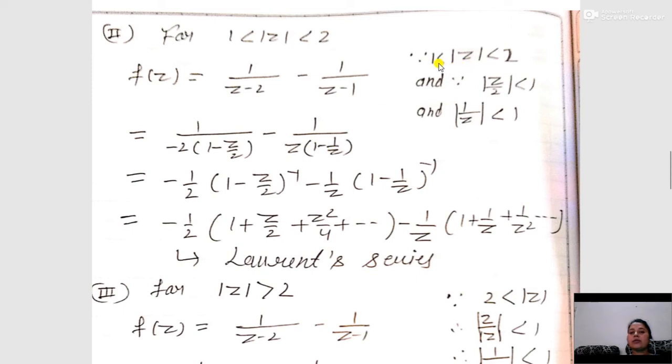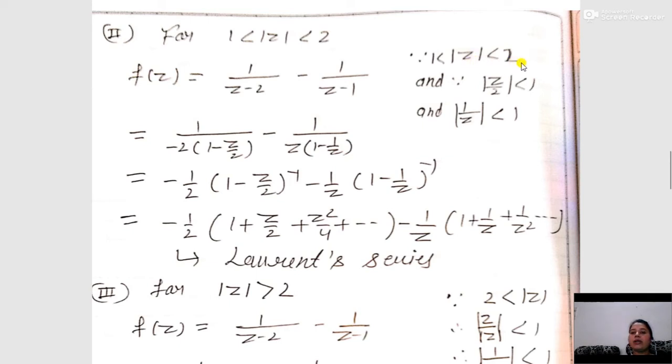Now since mod z is greater than 1, divide both sides, it will be 1 upon mod z is less than 1. So since mod of 1 by z is less than 1, this bracket can be expanded using binomial theorem. And in the first term, mod z is less than 2.